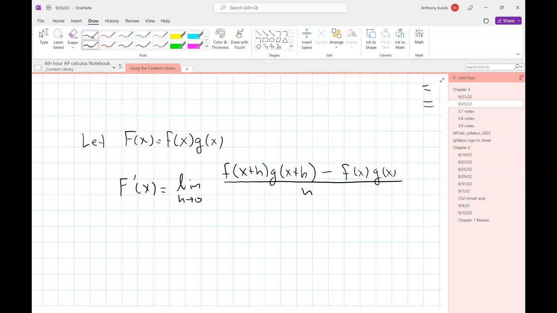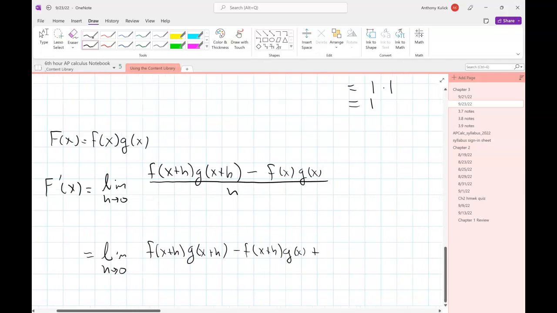It's not so bad. So all I'm going to do is rewrite this as the first term. And then I'm going to subtract off f of x plus h times g of x, but then add it right back.